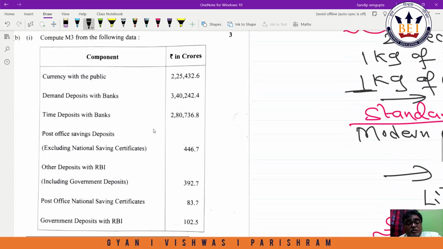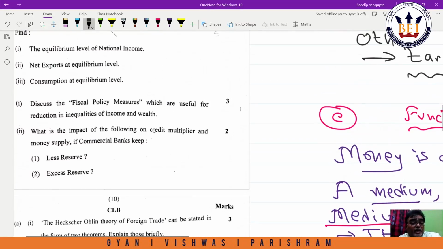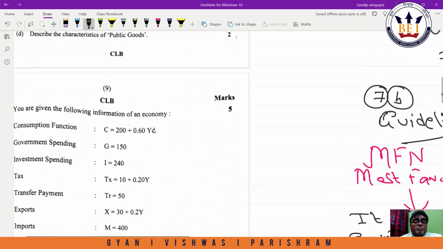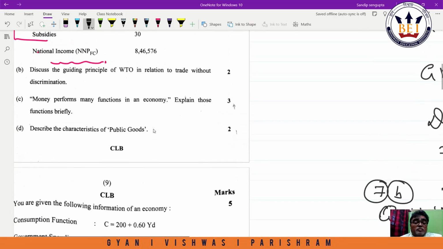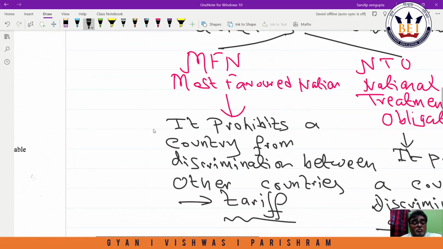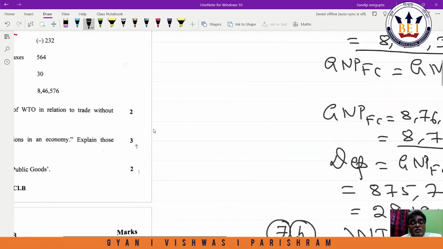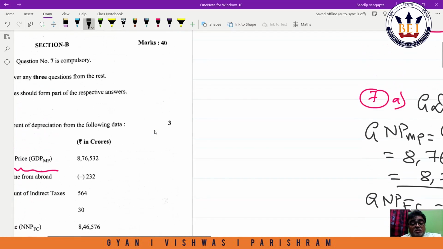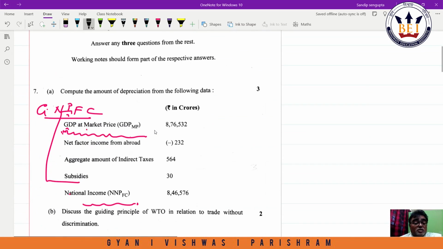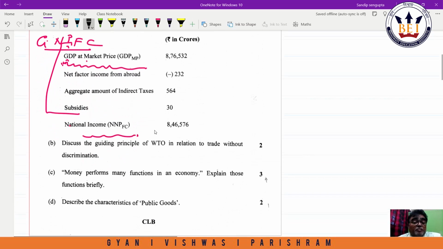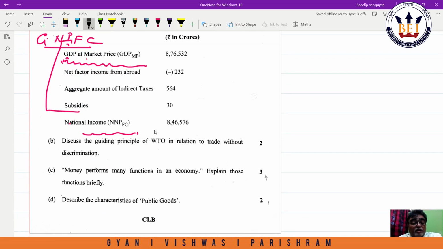So the next question is: describe the characteristics of public goods. Look at the standard of the question. I've seen that in each and every question I've entered this time, they've made a perfect blending of all portions.